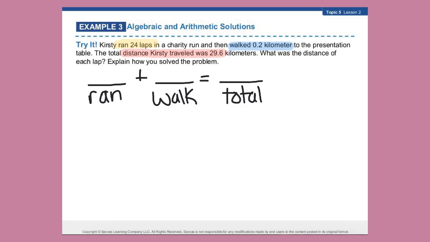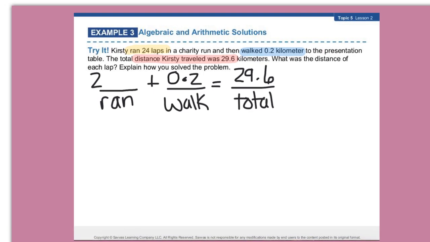For example, the total was 29.6. She walked 0.2. But it's the running that's the problem. We know she ran 24 laps. An L is kind of tricky, so let me do an X instead.